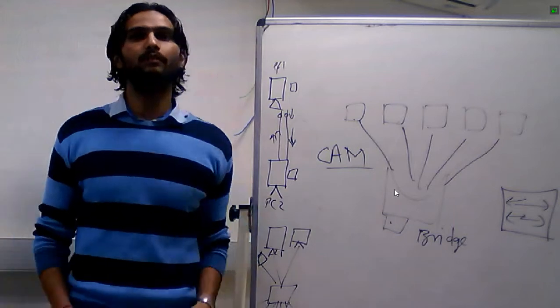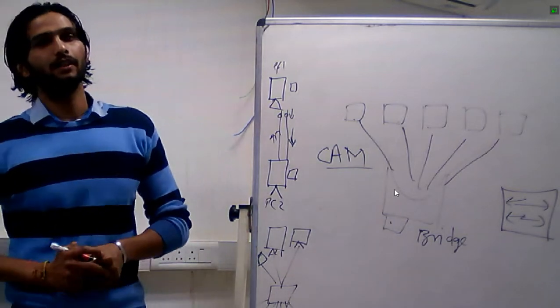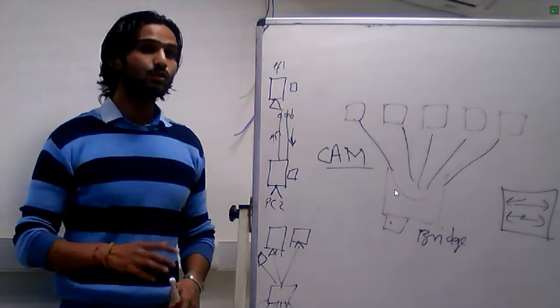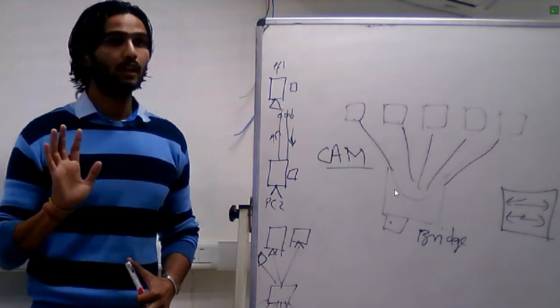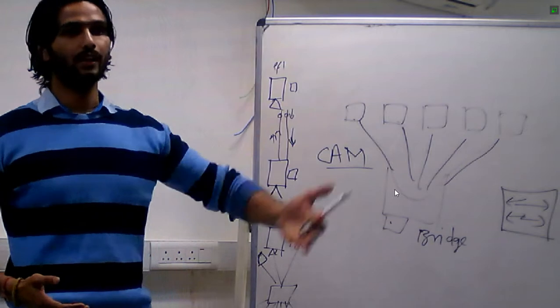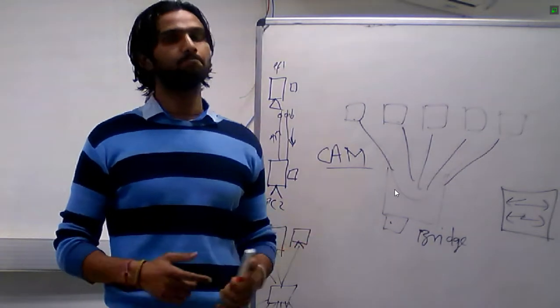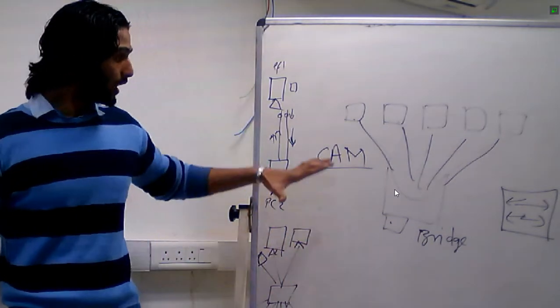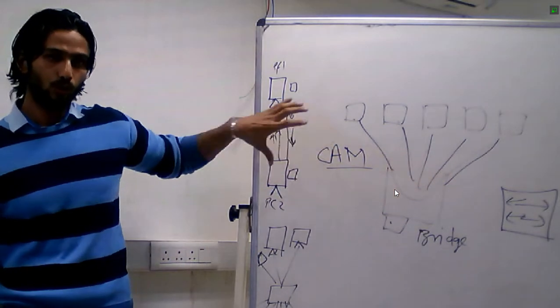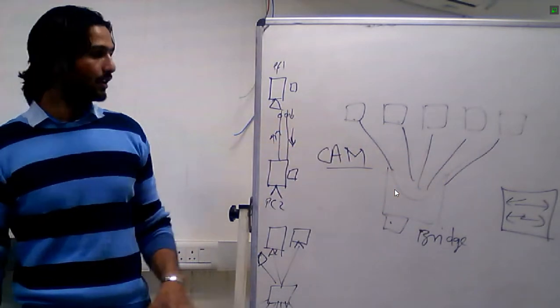Like we have the 3550 series switch, which is used to connect 48 hosts. So at least it is more than 10, 15. 48 is more than 10, 15. So it has a memory that it can store up to 48 host MAC addresses.